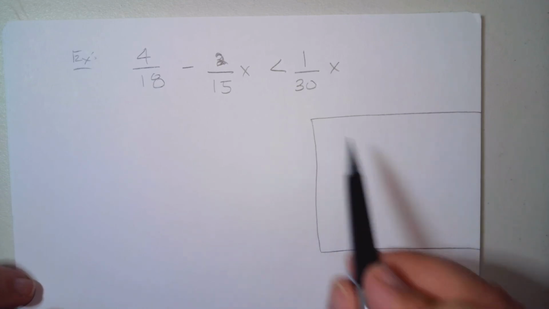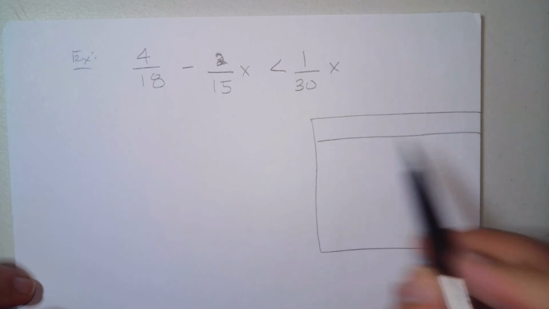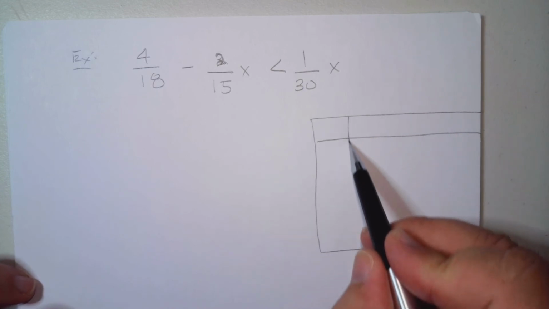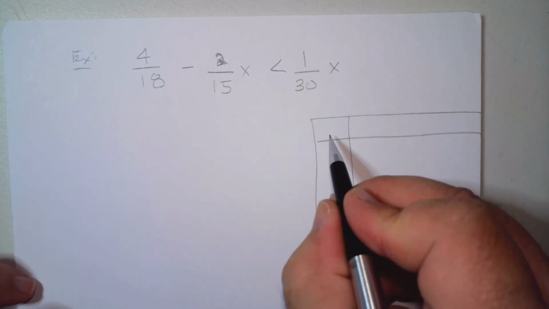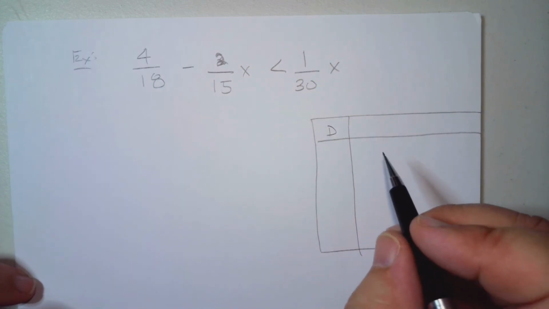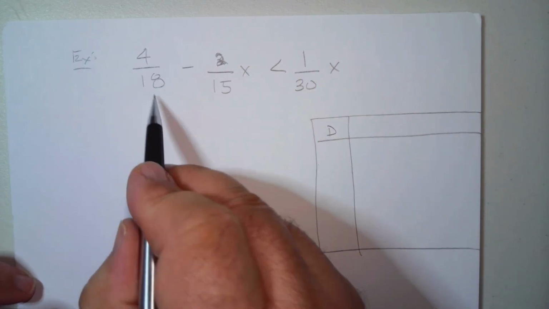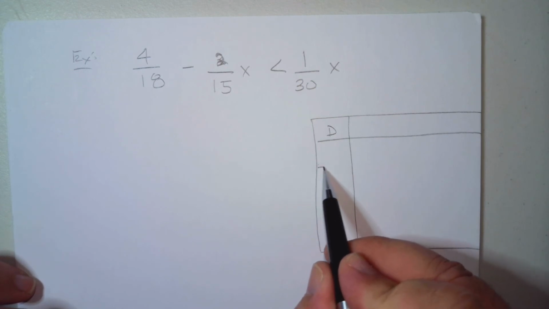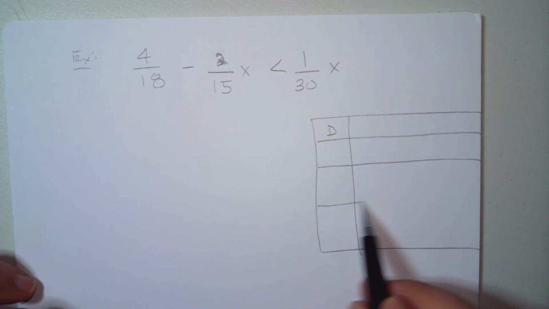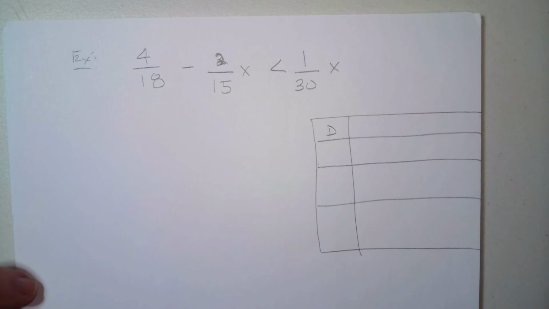Make our table. Our denominators. Remember, since we have 3 denominators, I need 2 lines. That cuts it into 3 pieces.